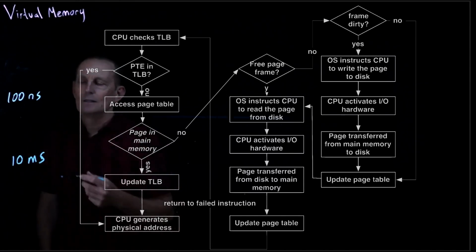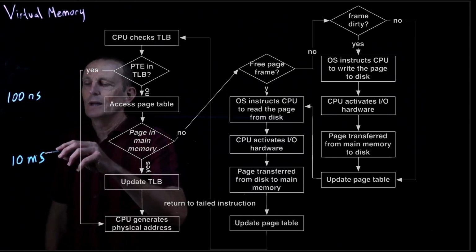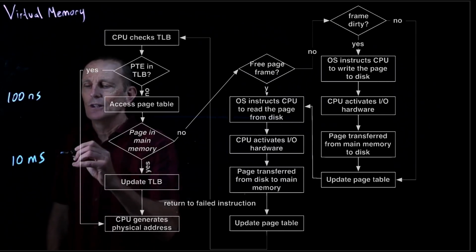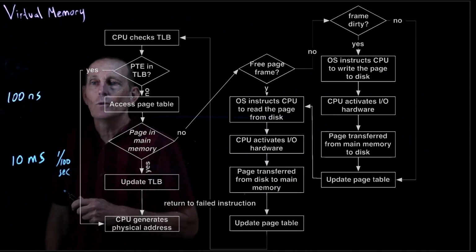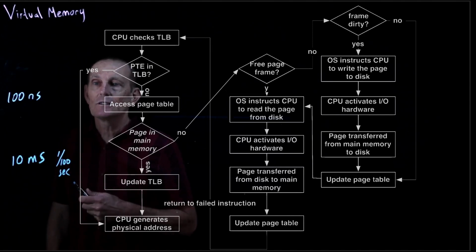100 nanoseconds versus 10 milliseconds. How many instructions could we execute while we're waiting in between? 10 milliseconds is 10 thousandths, so about 1/100th of a second. In 1 second, we can execute about 1 billion instructions because we run at 1 gigahertz.